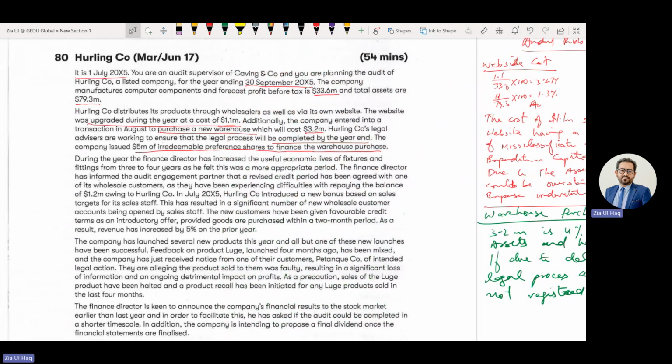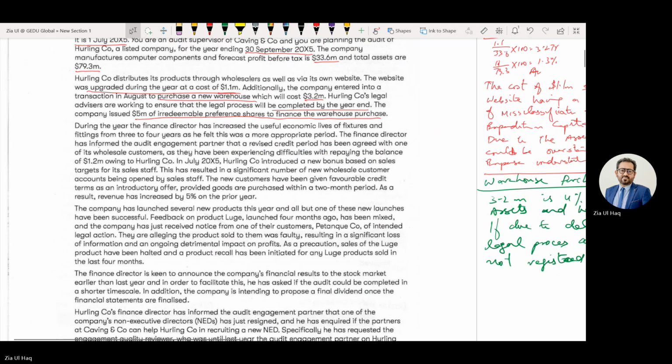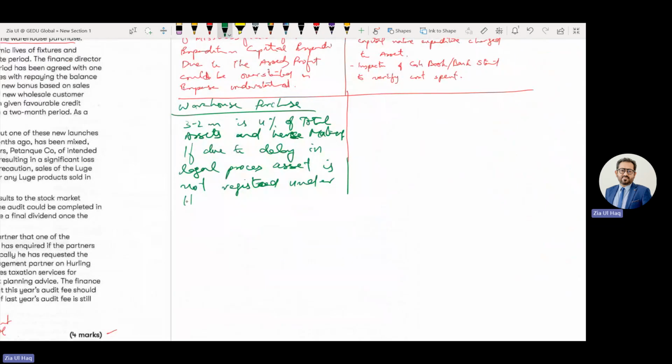You are supervisor of Craving and Company and you are planning the audit of Hurling Company. Not registered under Hurling Company. Chances that the asset could be overstated. What will be the chance of misstatement?